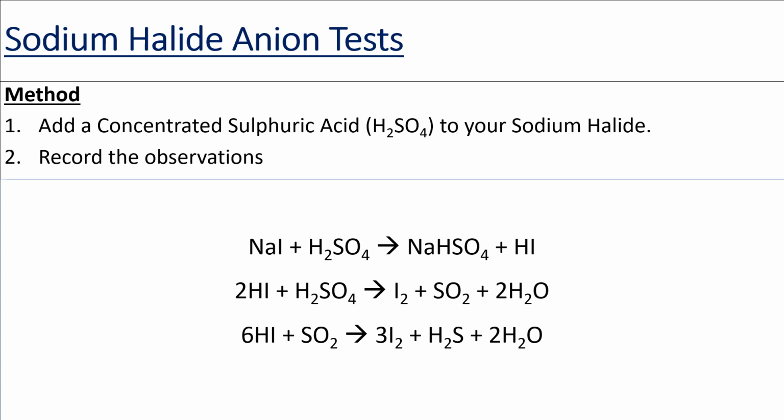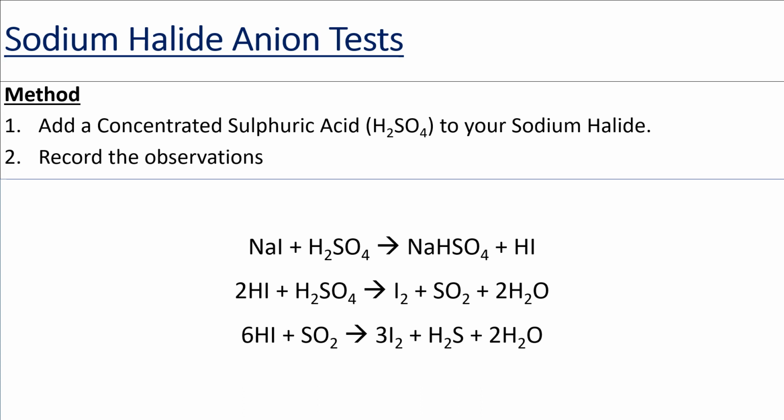The iodide has an even stronger reducing potential than the bromide. Again, it follows the first two steps, the same as bromide did. It reacts with the sulfuric acid to form sodium hydrogen sulfate and hydrogen iodide. That hydrogen iodide can then react further with the sulfuric acid to form elemental iodine, sulfur dioxide gas and water.